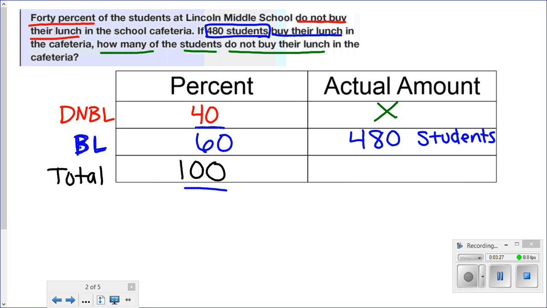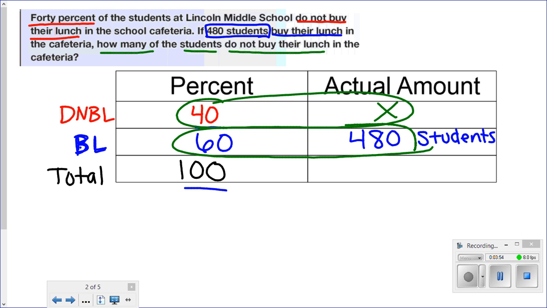Now we are just missing two boxes, but what we can do with this information is set up a proportion. What was the idea of the lesson? Everybody look at your title. Using proportions to solve percent problems. Wow! Here we go. Let's set up a proportion to solve this percent problem. We are going to take this information along with this information.